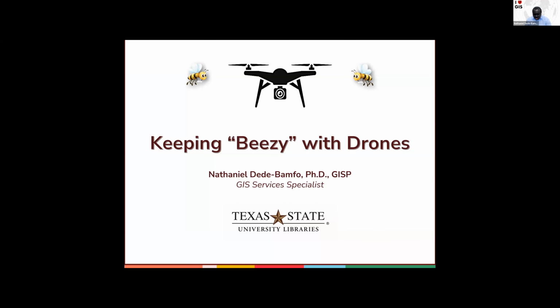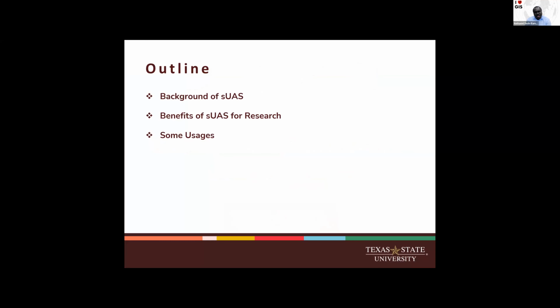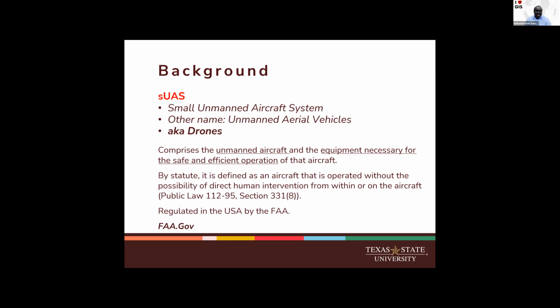So I'll give a brief background about drones, which are also referred to as UAS. What are some of the benefits and some usages we have put drones to? sUAS, Small Unmanned Aircraft System, that's the official name given to drones.